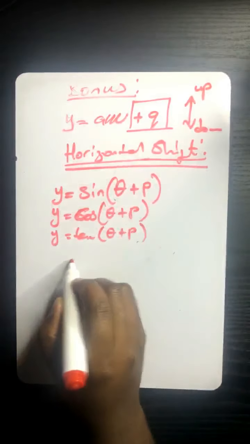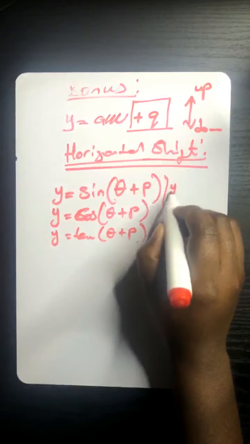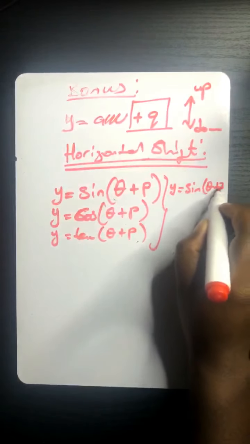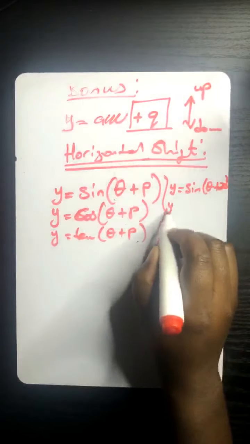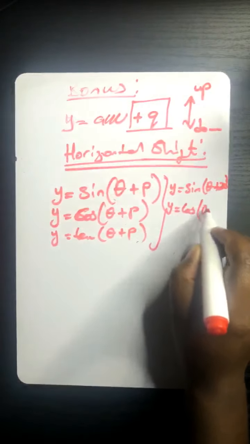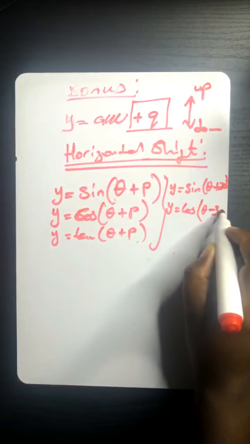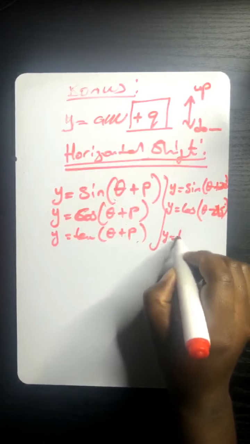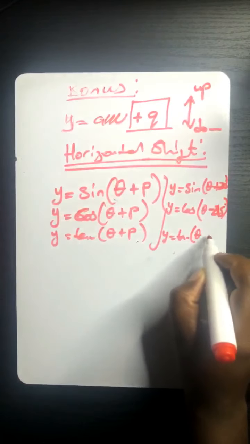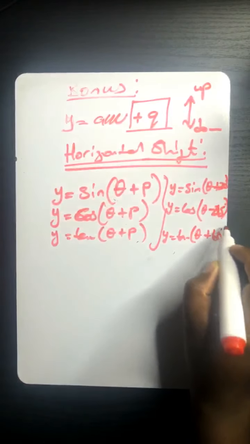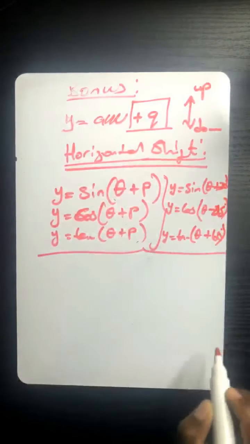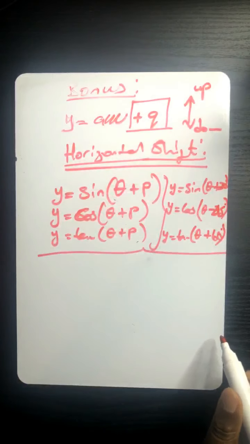Just so that it makes sense, it could be y equals to sine of angle plus 30 degrees, or minus 45 degrees, or y equals to the angle plus 60 degrees. I'm sure you've seen this type of questions before.